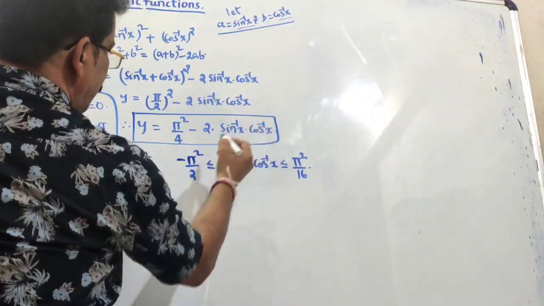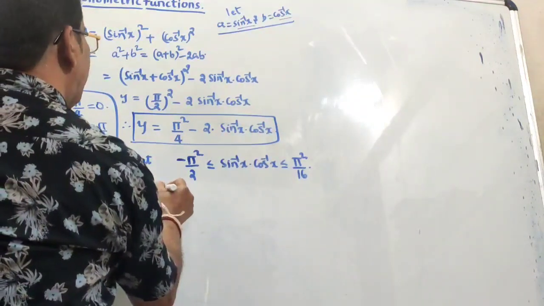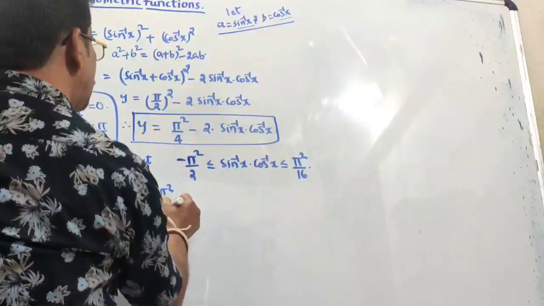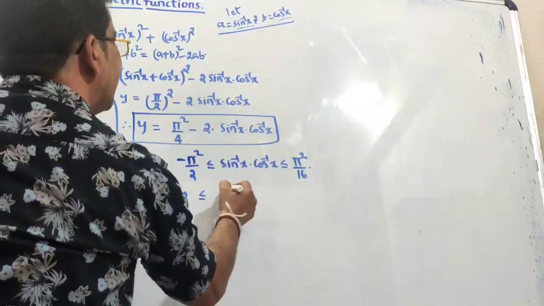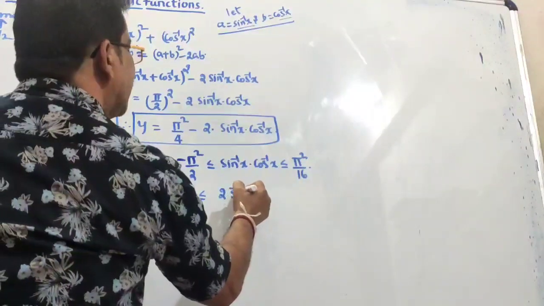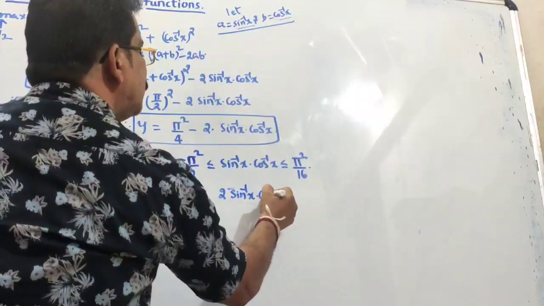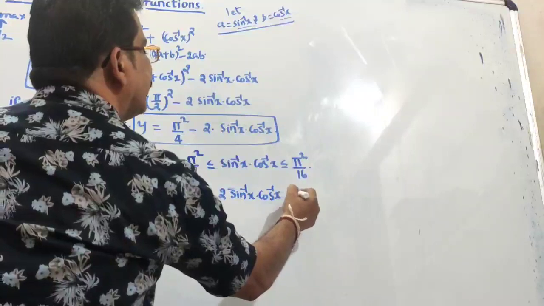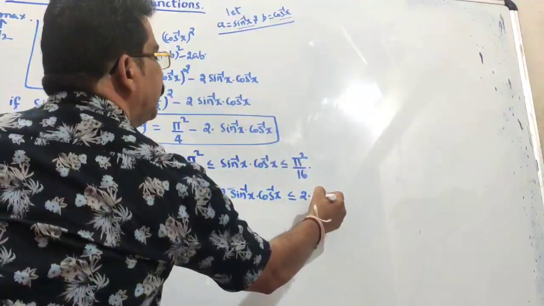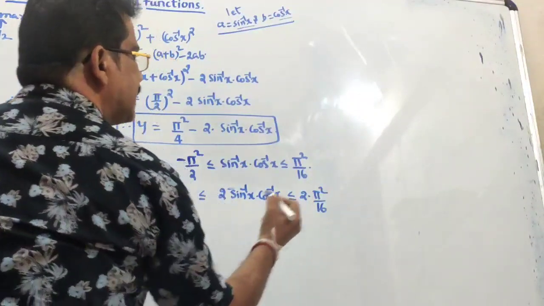So first into 2, so that implies minus pi square by 2 into 2 less than or equal to 2 sin inverse x into cos inverse x less than or equal to 2 into pi square by 16.